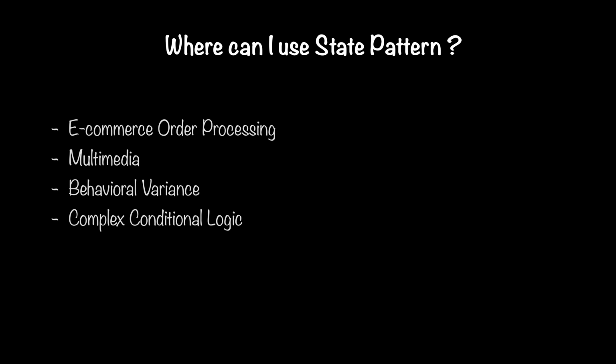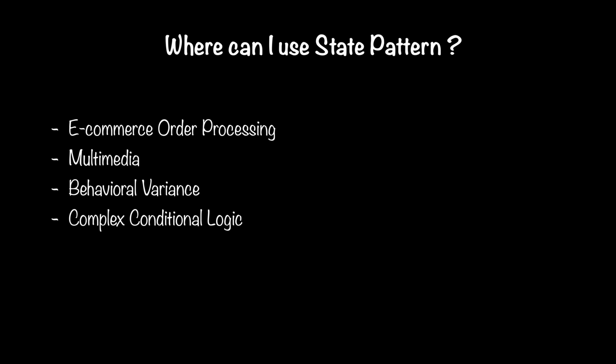Where can I use the state pattern? We can use it in e-commerce order processing or multimedia. You will find it in video players, like when we need to pause the video or play the video. These are some of the states in multimedia, places where we need behavioral variance and complex conditional logic.